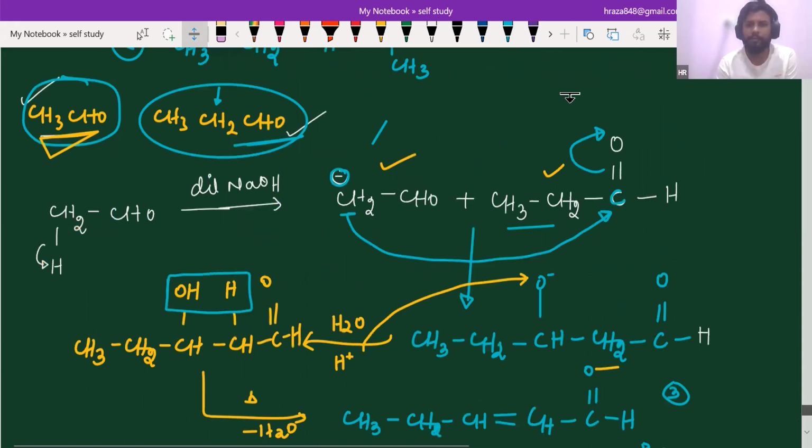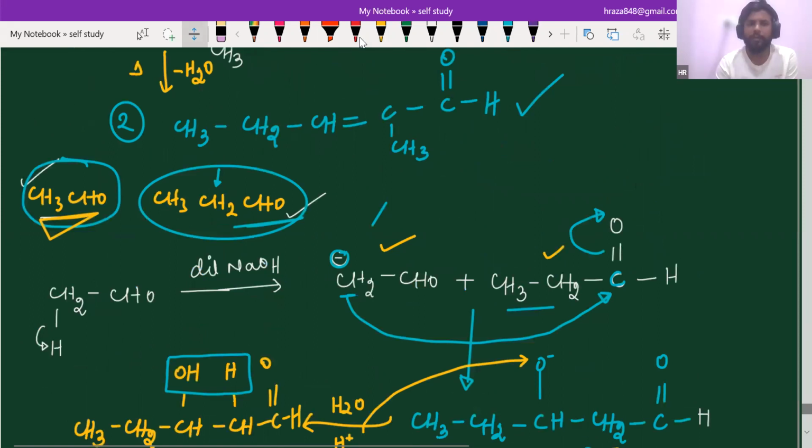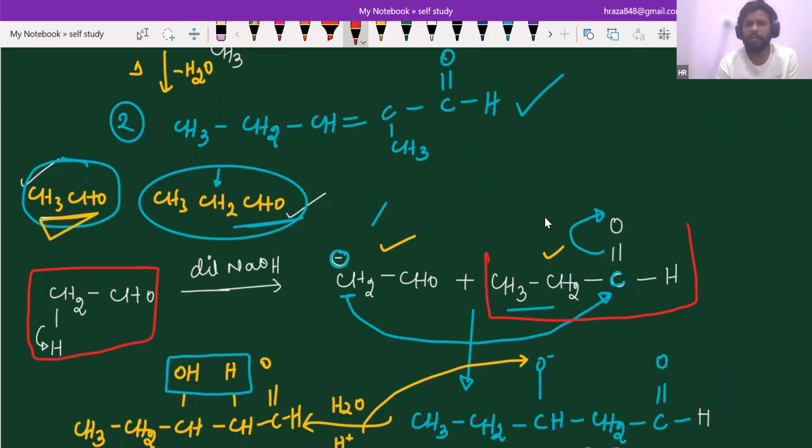So see, in this cross aldol, you are going to take this part and then another this part. So this was the concept here.